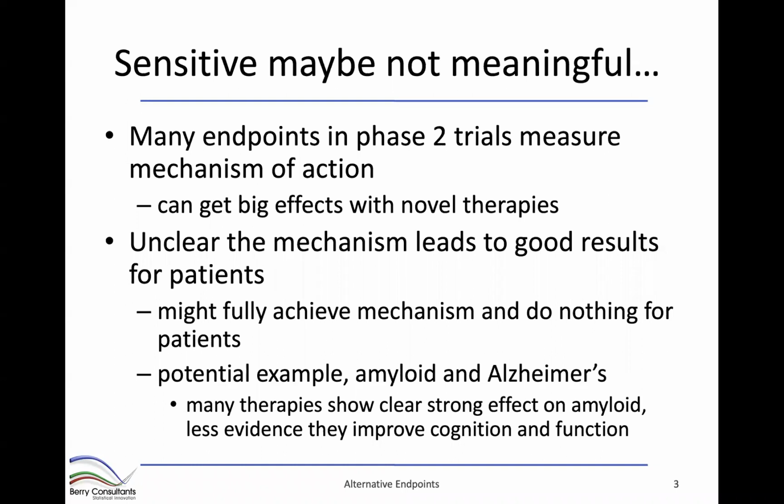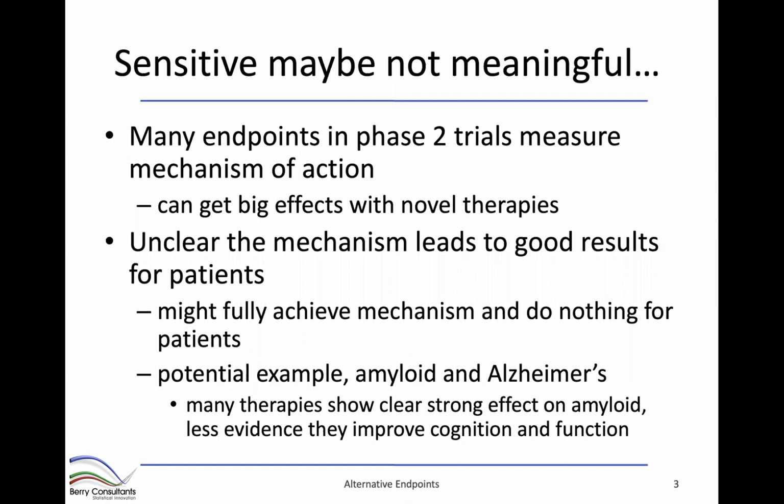We declare the trial successful if we can demonstrate that the marker was changed with the therapy. The reason we do that is we anticipate that we can get big effects with novel therapies, as long as they do what they are supposed to do.